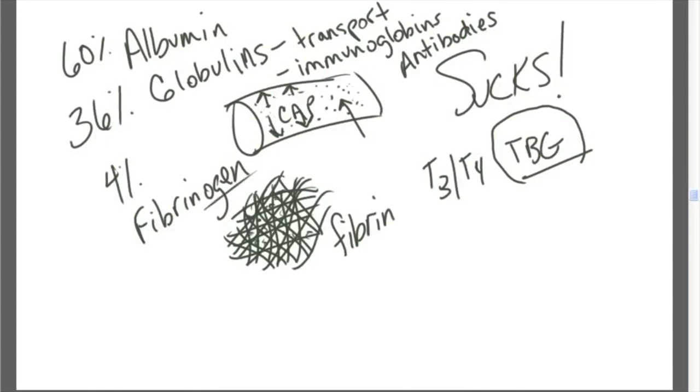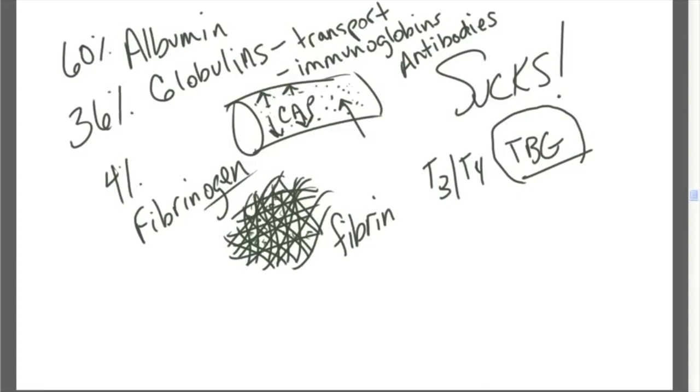Why would the clotting protein be inactive in the blood? Otherwise, your vessels would all be full of clots, and we wouldn't survive very long if that were the case. So it needs to be inactive.